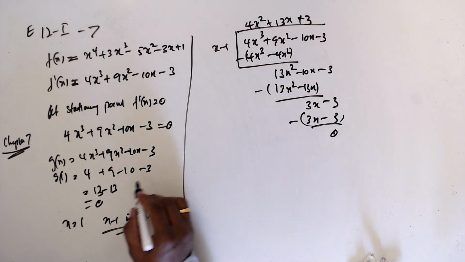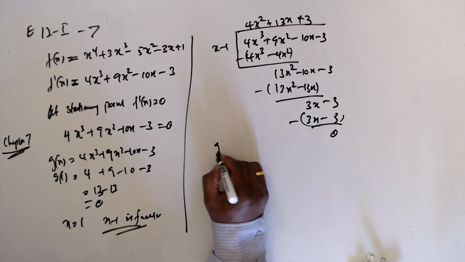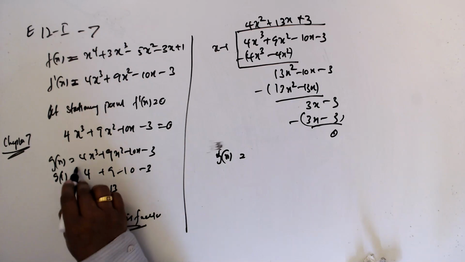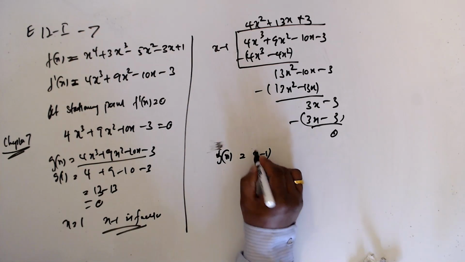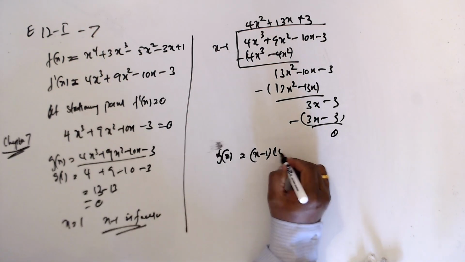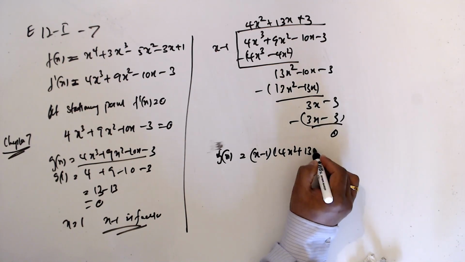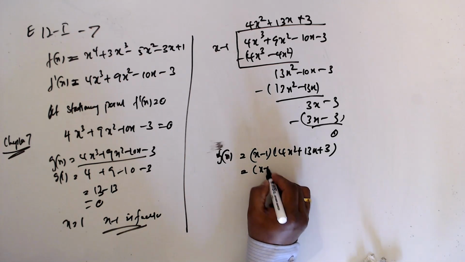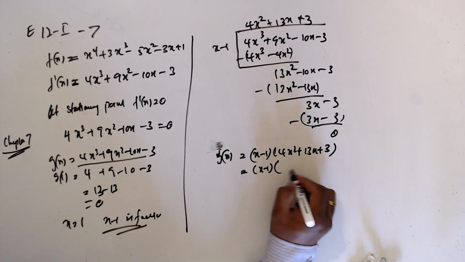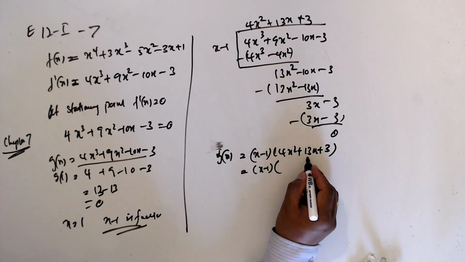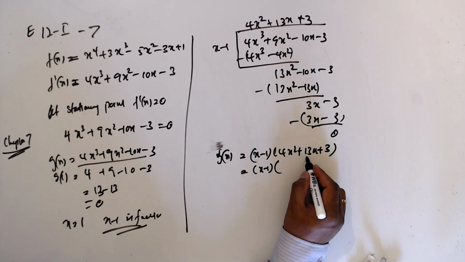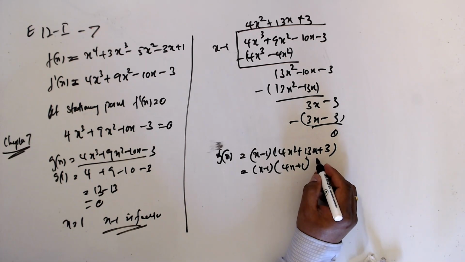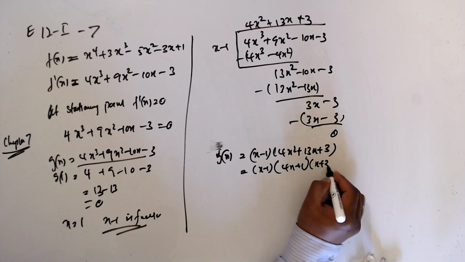So now you can write g(x) equal to x minus 1 times 4x squared plus 13x plus 3. Now we can break 4x squared plus 13x plus 3 into 4x plus 1 and x plus 3.